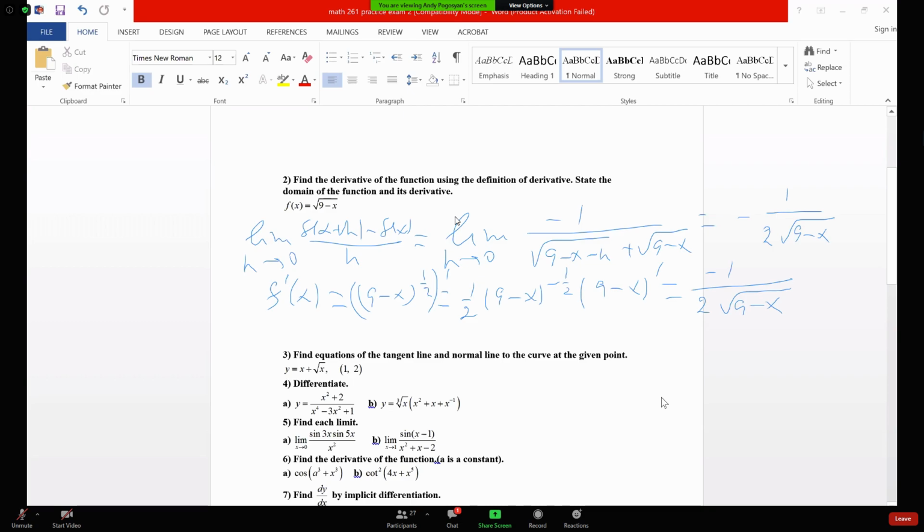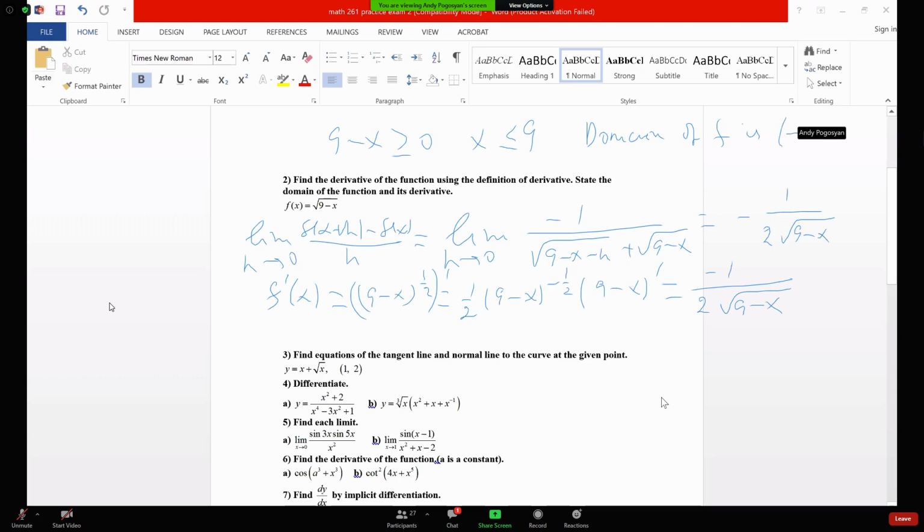Domain and range. So find the derivative of the function and the domain of the function and its derivative. Domain of f. So 9 minus x must be greater than or equal to 0. So x is less than or equal to 9.